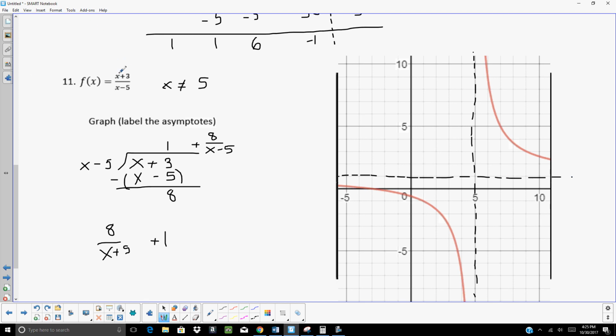Another way to look at that is if you look at your highest powers, in this case, x to the first power, x to the first power, x over x reduces down to 1. Okay? And that gives it to me.